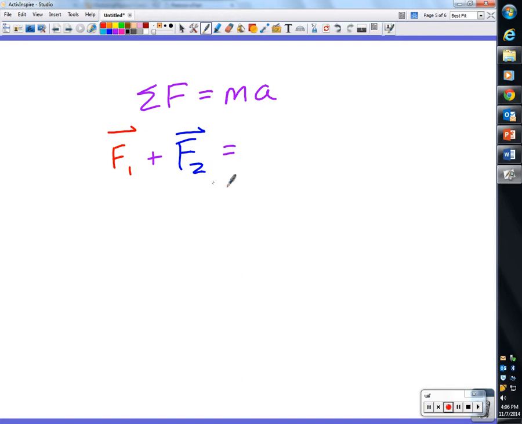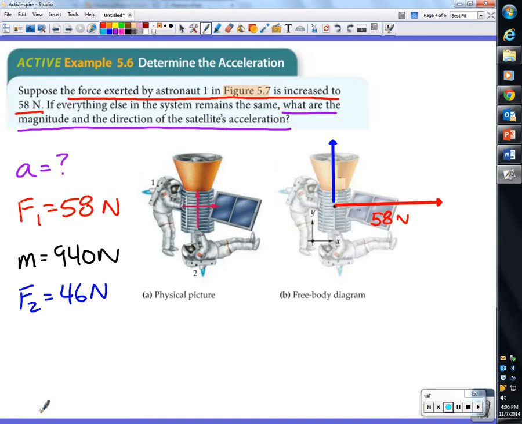On the other side, we still know the mass, and then that combines to give us the acceleration. Again, we're looking for the resultant acceleration. So, to find the net force, we have to find the resultant vector of two vector quantities.